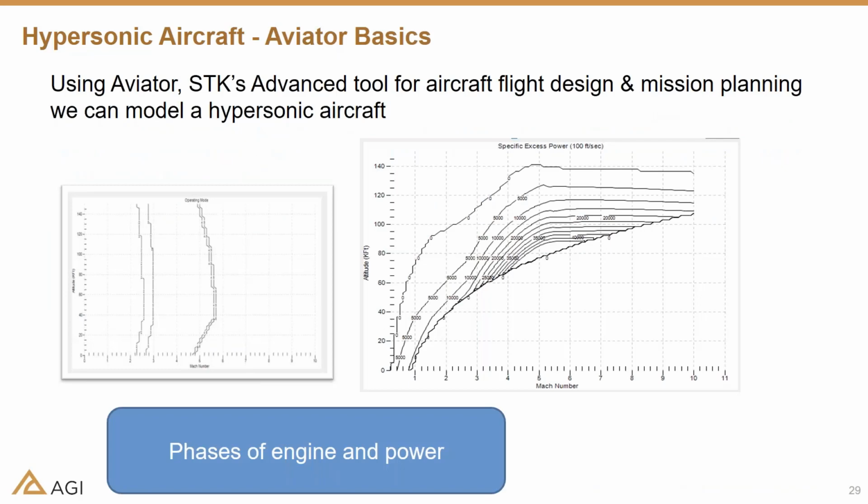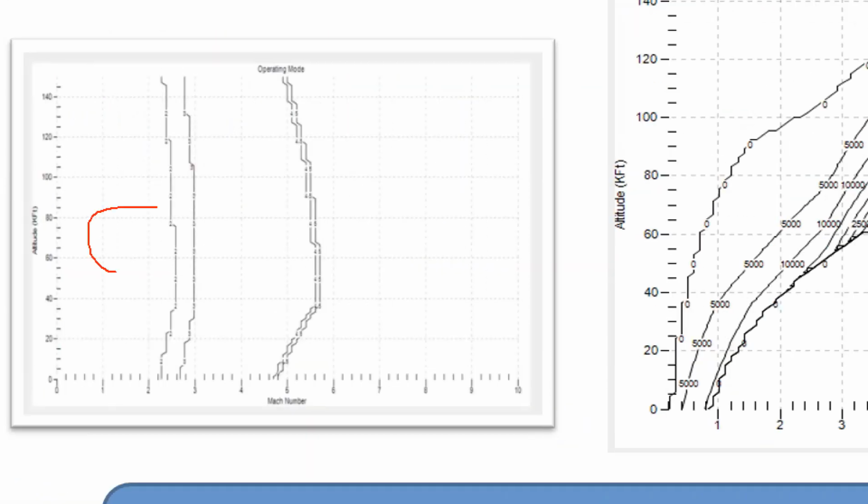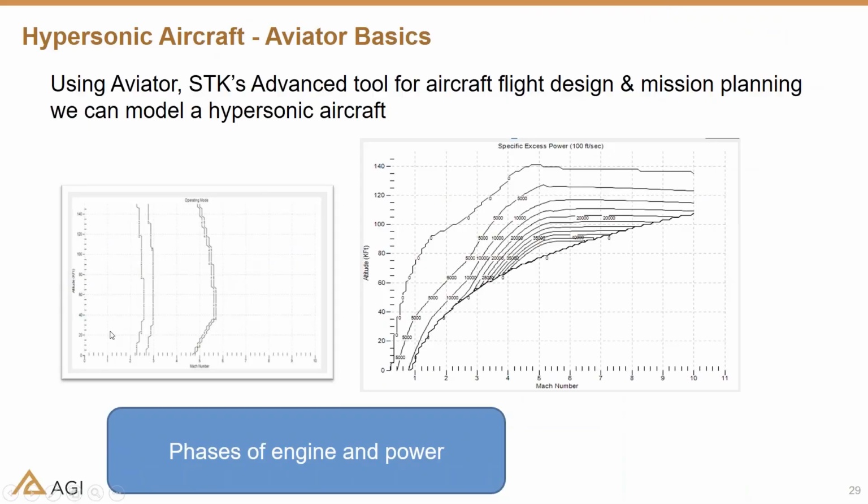So if we can go to the next slide. Aviator out of the box has a variety of performance models, and lately we've built a couple that enable you to fly a full speed range from subsonic into supersonic and all the way out into hypersonic. These are what I would call first principles types of models. They're not doing computational fluid dynamics.